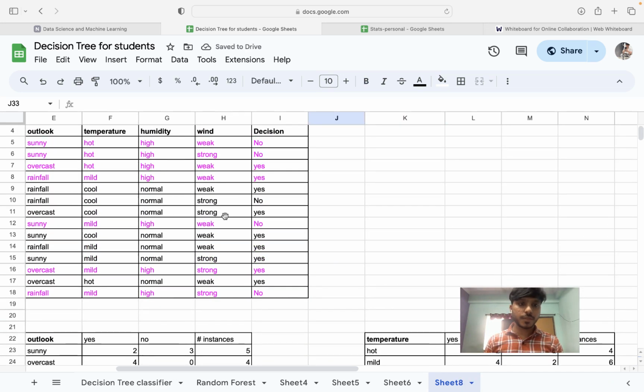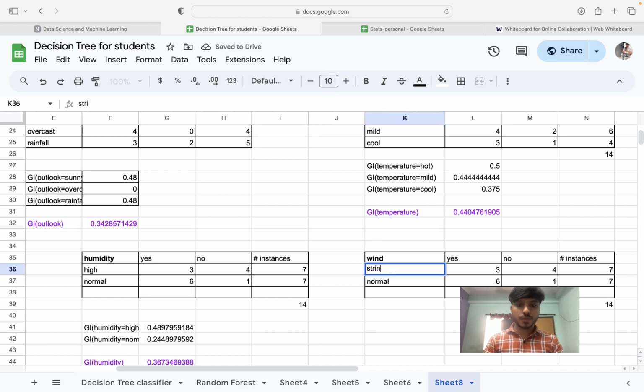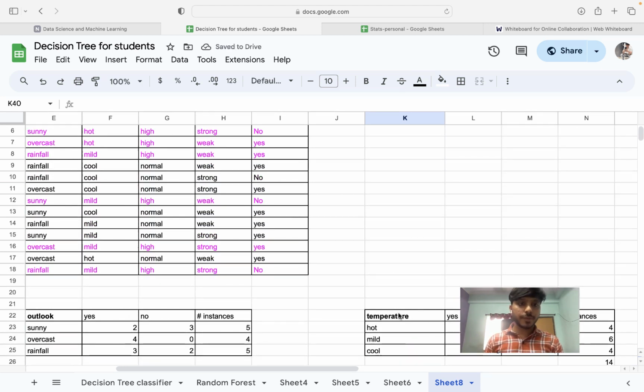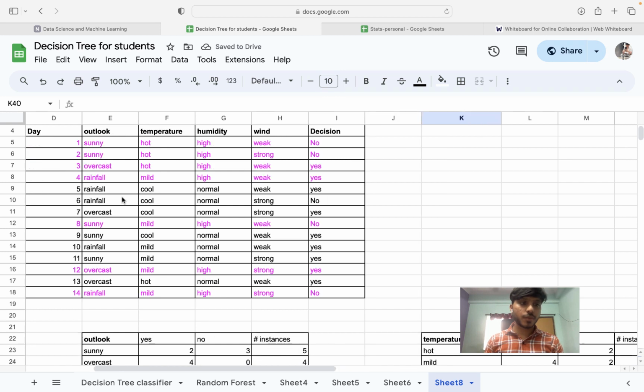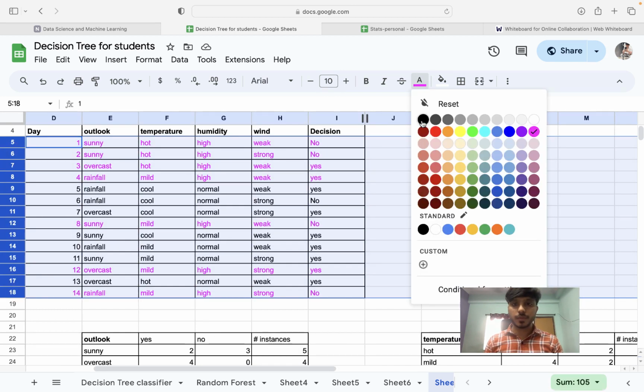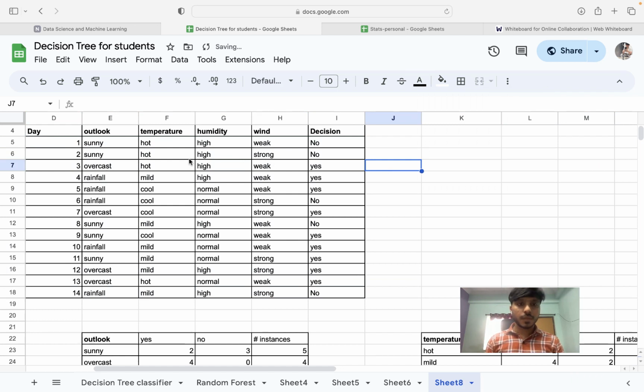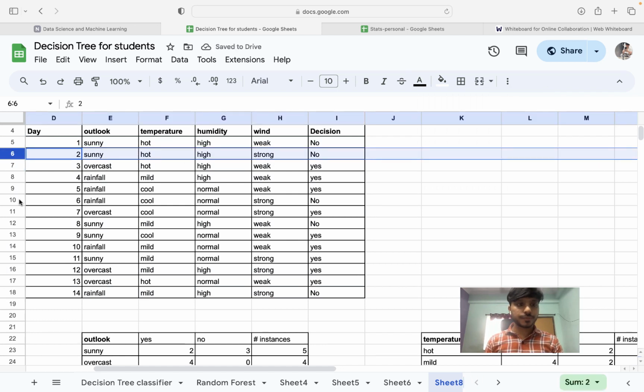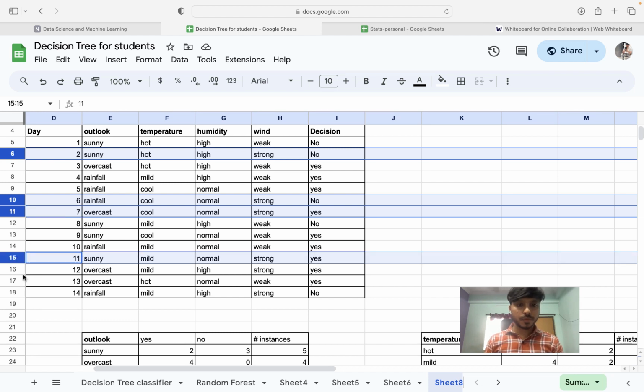So wind has strong and weak. So strong, and this is weak. Okay, so in strong and weak, let us check how many strong and how many weak I have according to their yes and no's. So this is strong, 2, 3, 4, 5, 6.